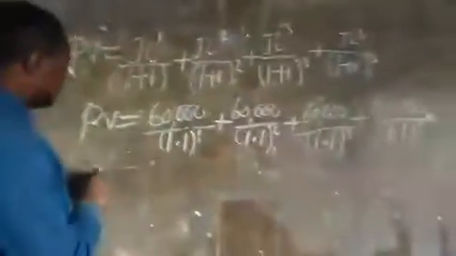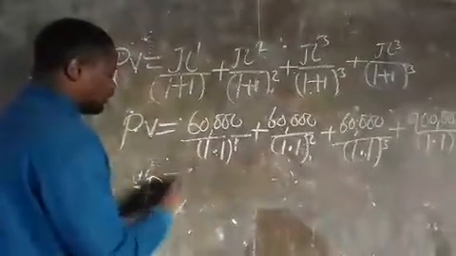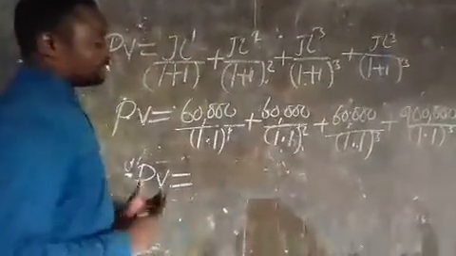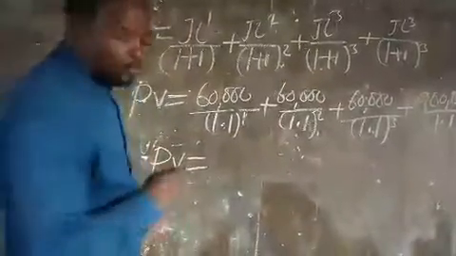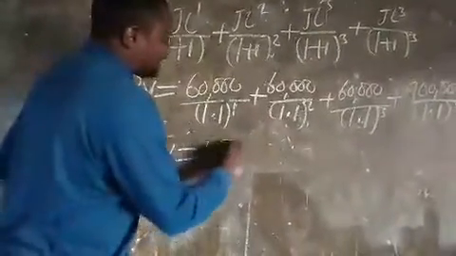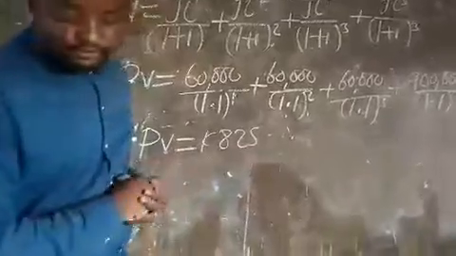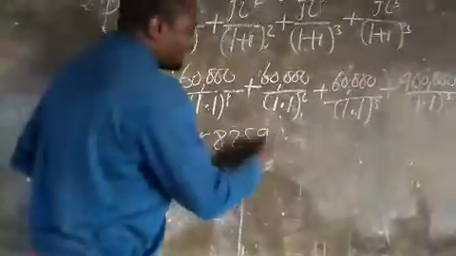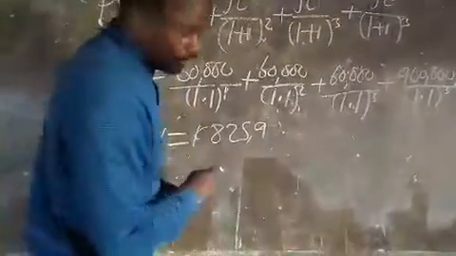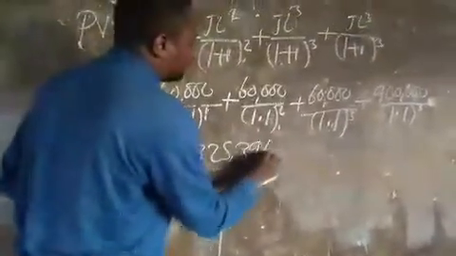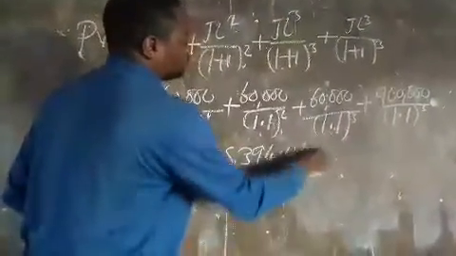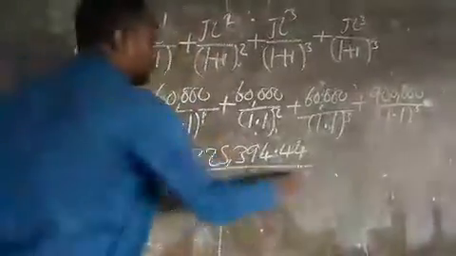Now, if you enter this on your calculator, you find that the value of the firm will be 825,394.44. This will be the value of the firm.